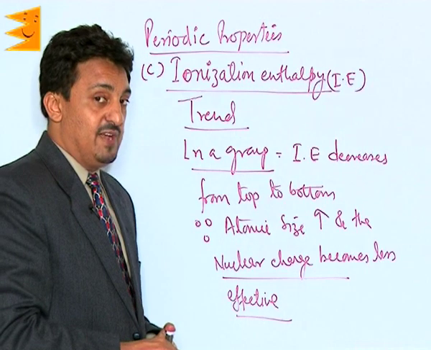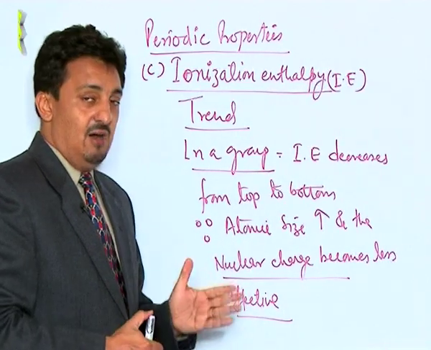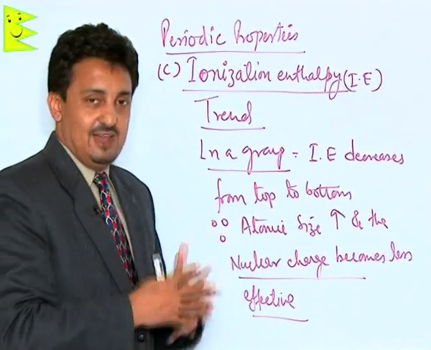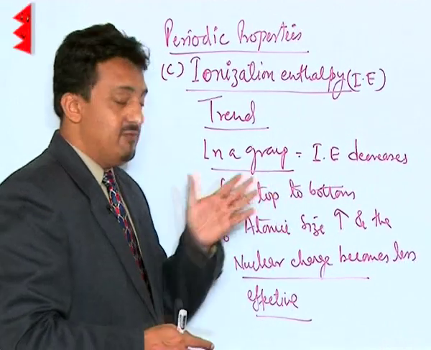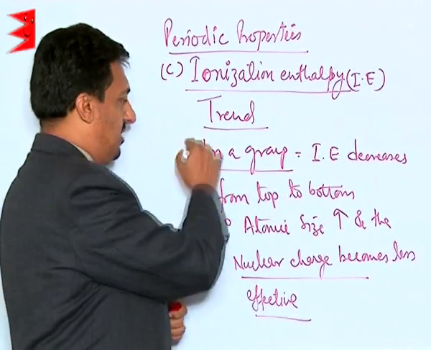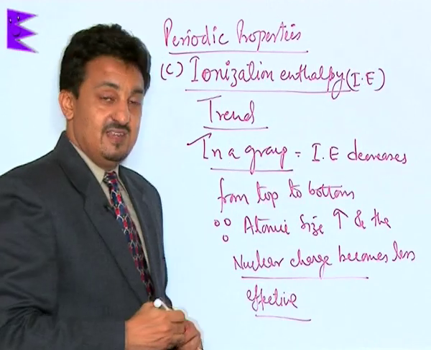It becomes less effective due to the screening of the valence electron by the inner electrons. So that's why we usually find that in a group ionization enthalpy decreases.